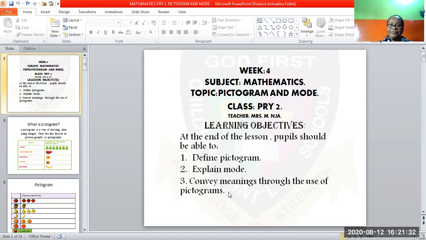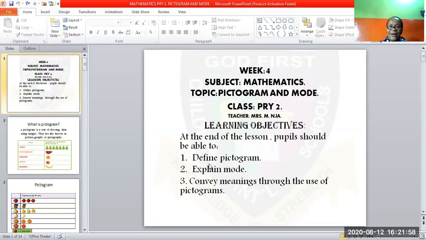Very good. Let me run that by you again. Our learning objective includes to define pictogram, to explain mode, and to convey meanings through the use of pictograms. Are we together? Very good.